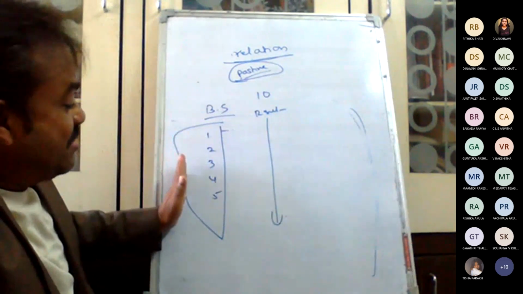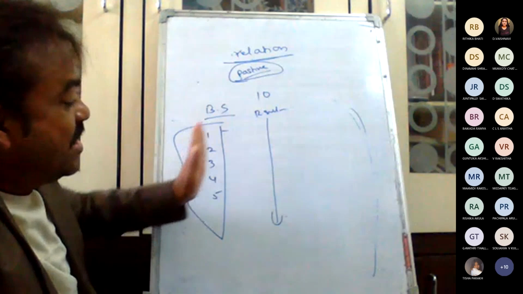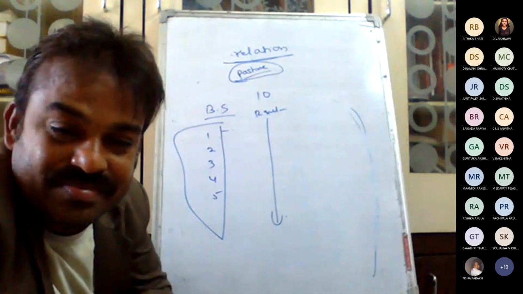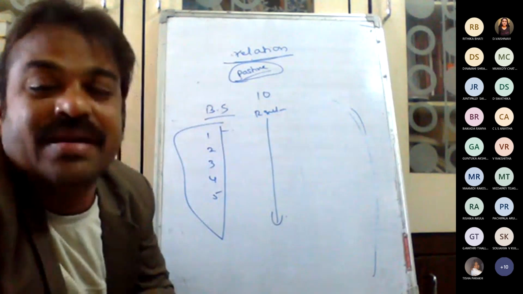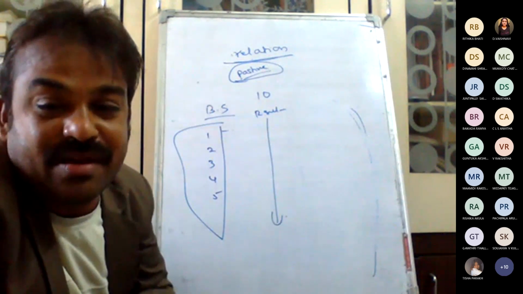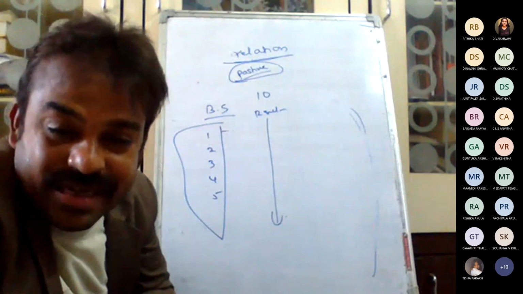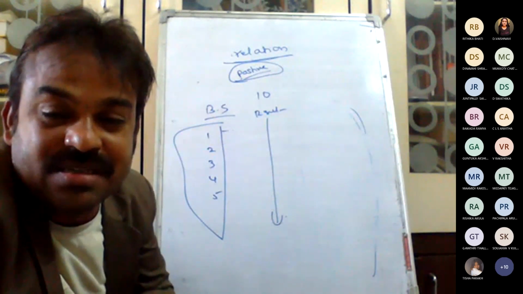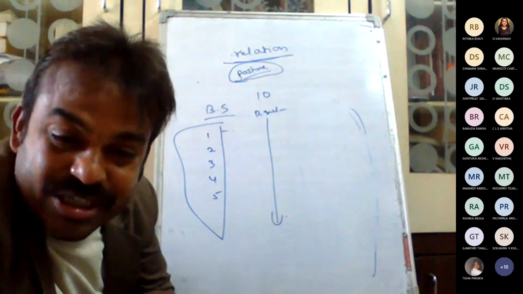So if the number of classes are increasing, what is the effect on your result? What is the relationship? If the number of classes are increasing, is there any effect on the result? If not, it is a negative relationship.